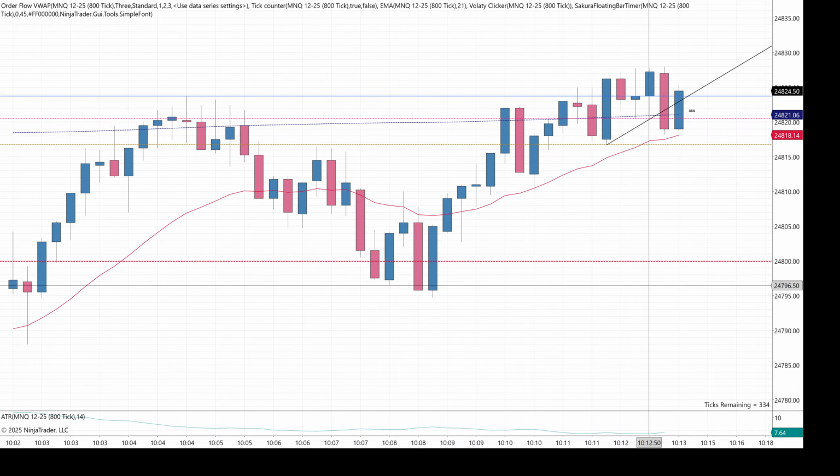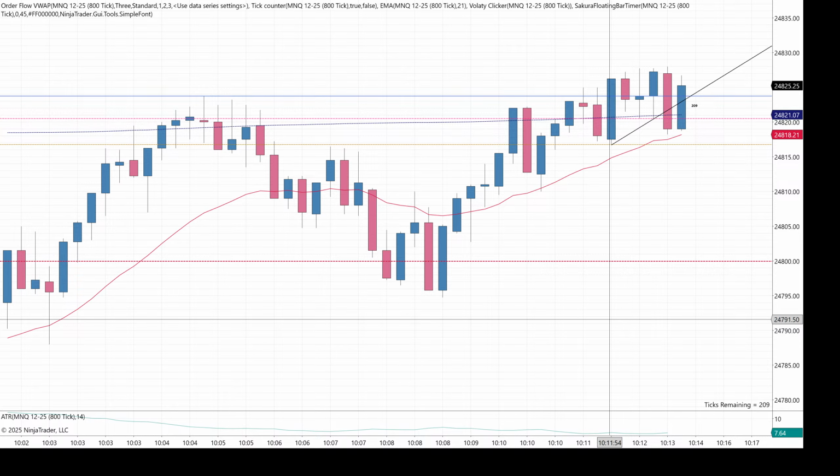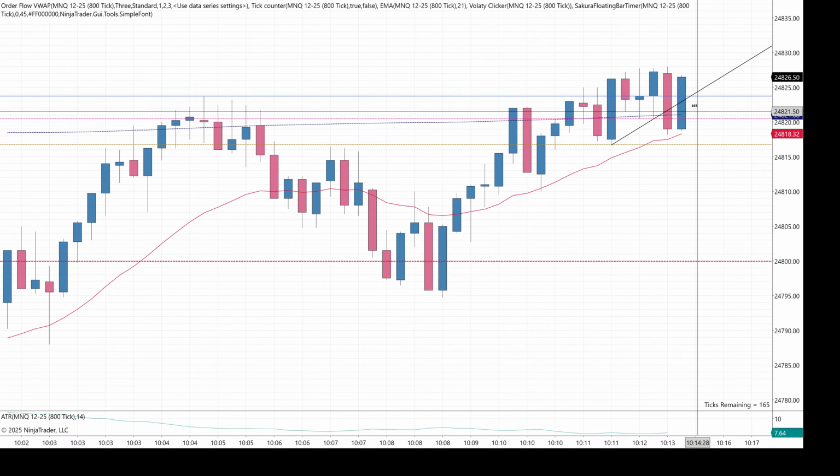This is going to be a bullish trigger here that we can take. This candle.